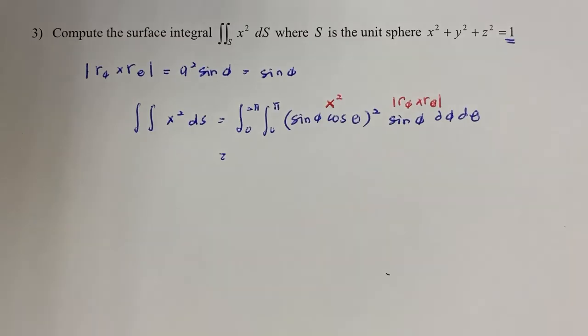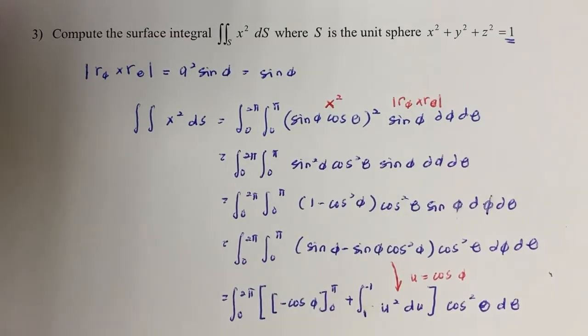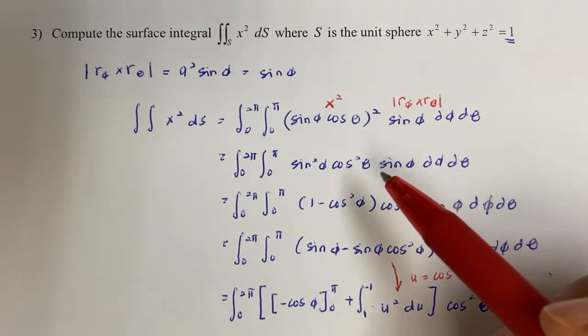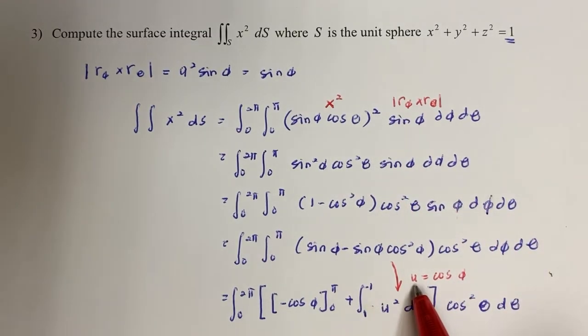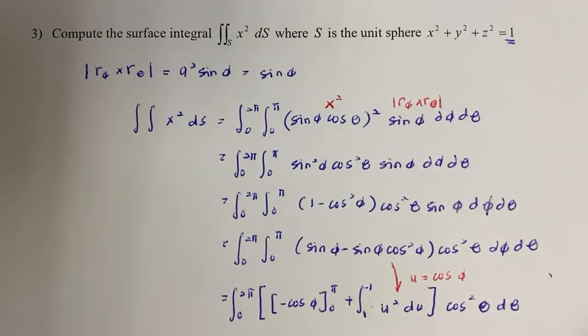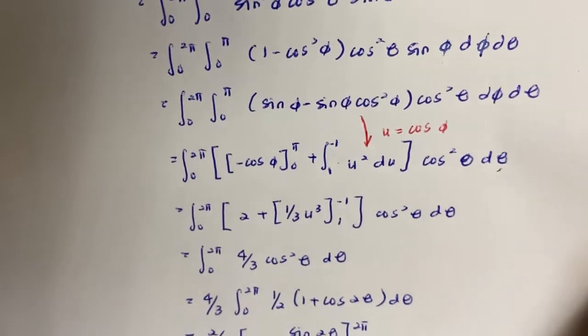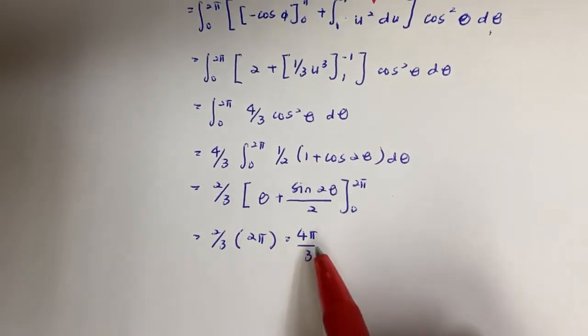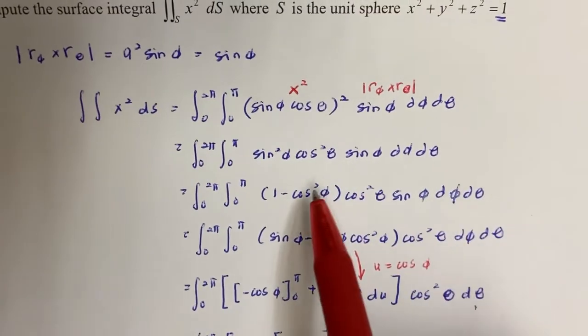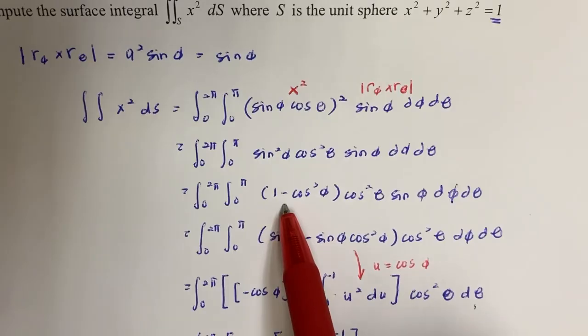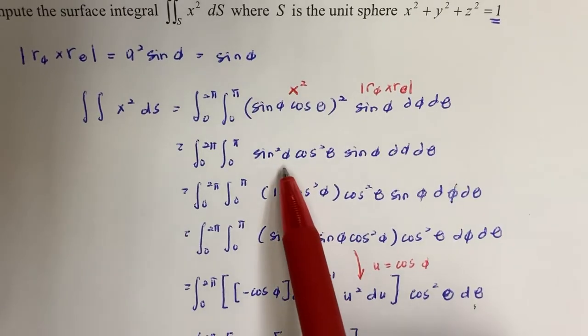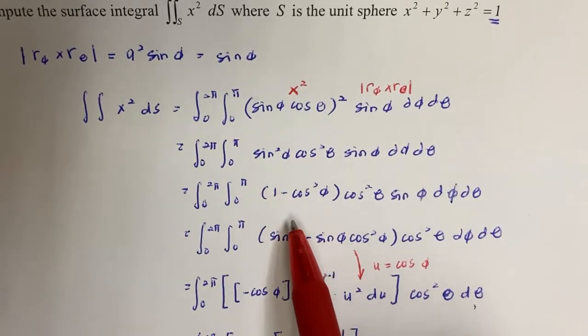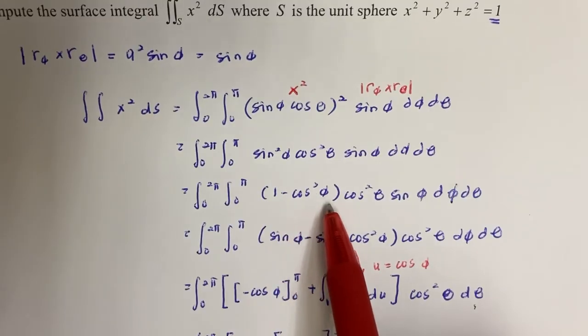Okay, and from here you may continue with the double integration. When you solve for the double integration, use substitution here, u equal to cos phi, and then the last answer you should get is equal to 4 pi over 3. Here I use the trigonometric identity where sine squared phi is equal to 1 minus cos squared phi.